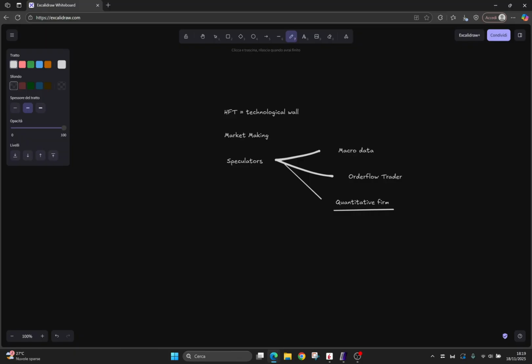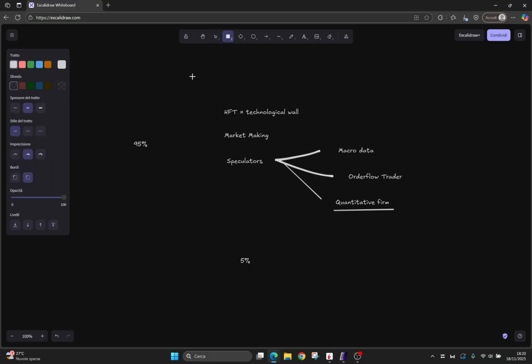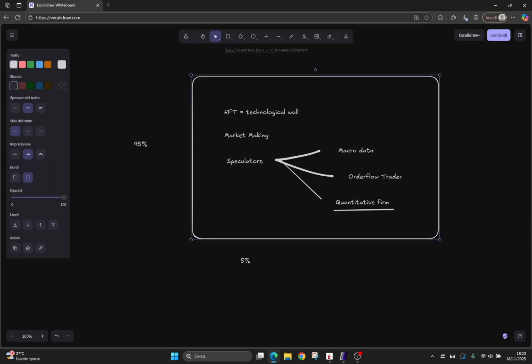The retail traders from home make an average of 5%. The rest, 95%, is made by them. So we need to understand, if we want to make something in this market, what these players use and what we can do from home.